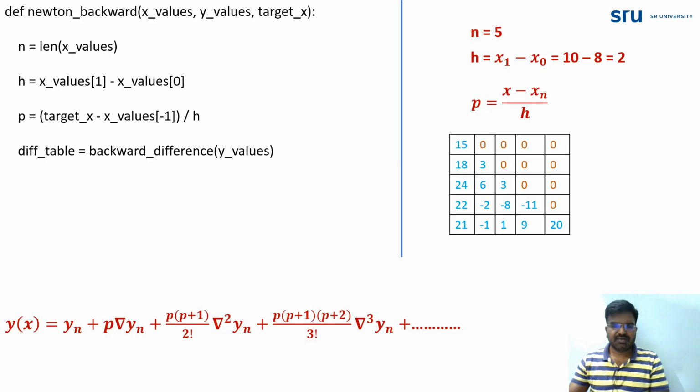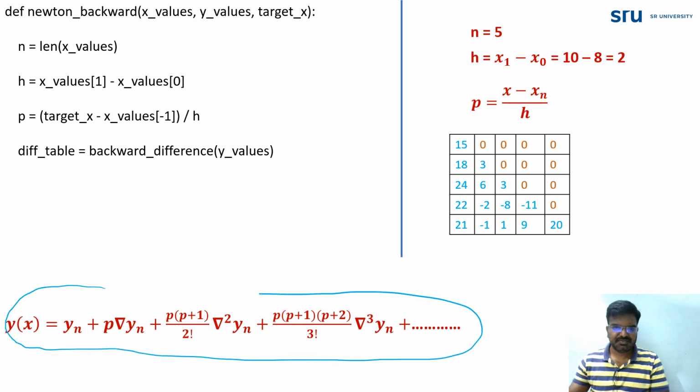I have written Newton's backward interpolation formula here. Now I have to use this formula in my code. To use this formula, I need a few variables here.